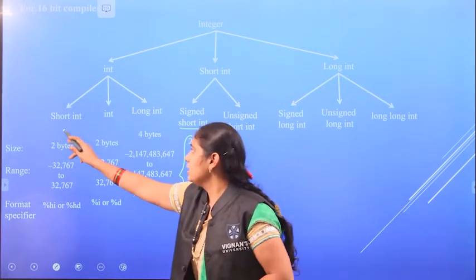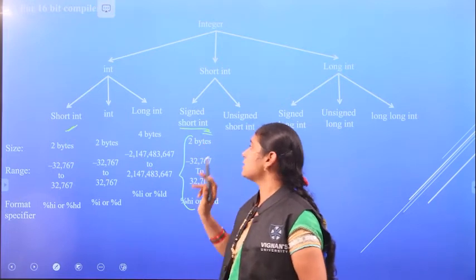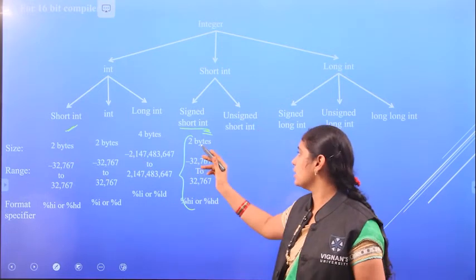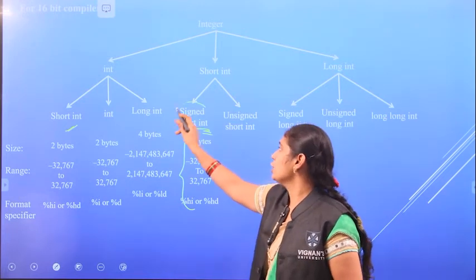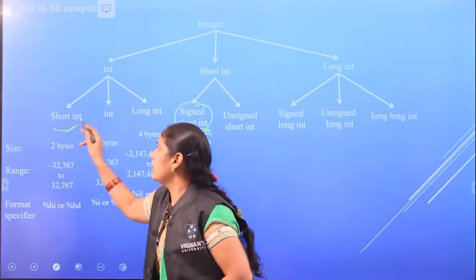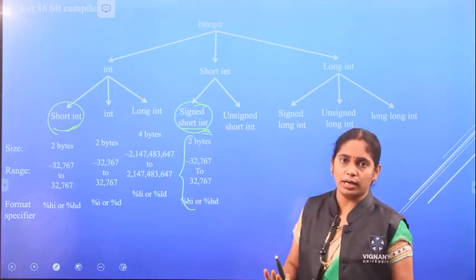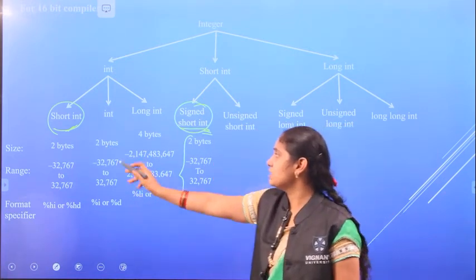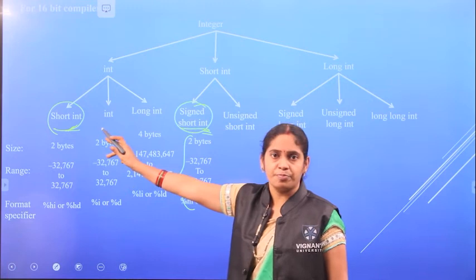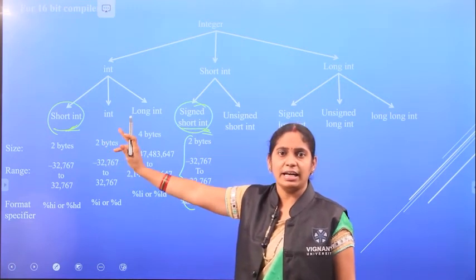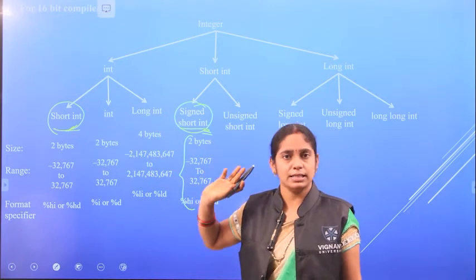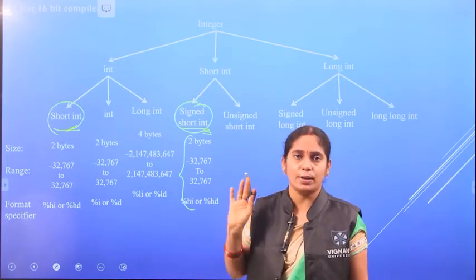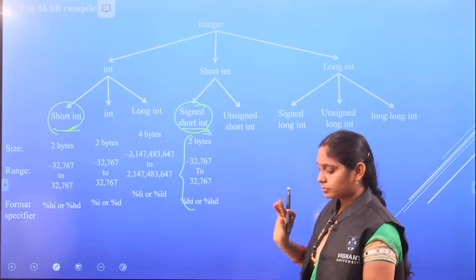So short int is equal to signed short int. The size is 2 bytes, and the range and format specifiers are the same. If we simply write it like this, the default is considered signed form, means it stores both positive and negative.